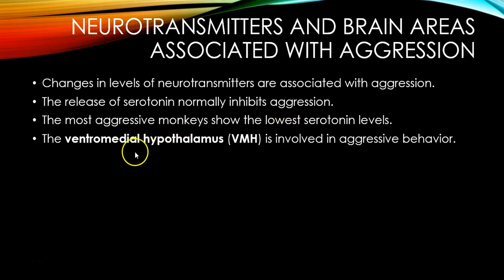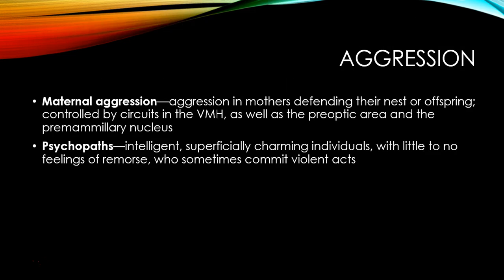And the ventromedial hypothalamus, that's a part of the brain that seems to be involved in aggressive behavior. Maternal aggression, another type of aggression that's in mothers defending their nest or offspring, seems to be controlled by circuits in that ventromedial hypothalamus, as well as the preoptic area and the premammillary nuclei.